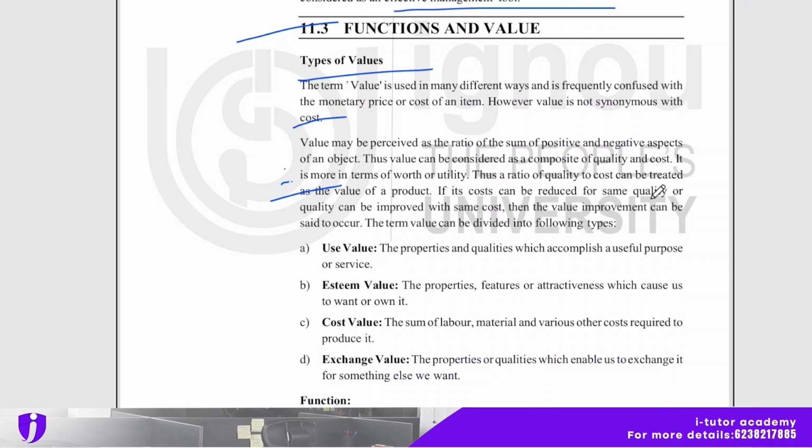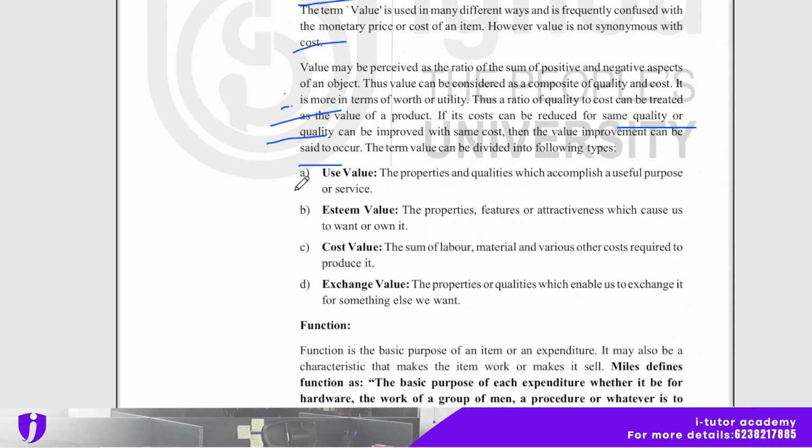If its cost can be reduced, or same quality or quality can be improved with the same cost, then the value improvement can be said to occur. And the term value can be divided into four, that is use value, esteem value, cost value, and exchange value. The use value is the properties and qualities which accomplish a useful purpose or service.